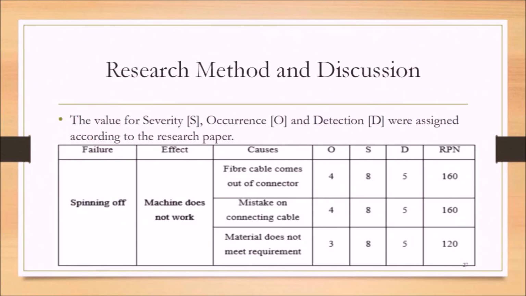After completing the fishbone diagram, the cause and effect of the potential failure is converted into a table as shown in the picture. Then, the researchers of the company will assign values for severity, occurrence, and detection according to the information provided by the experts from the company itself.